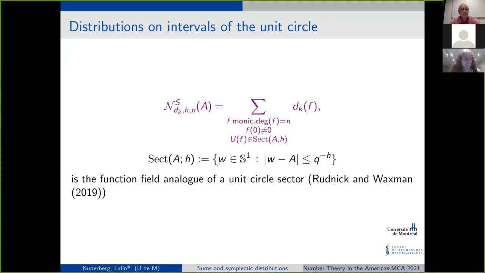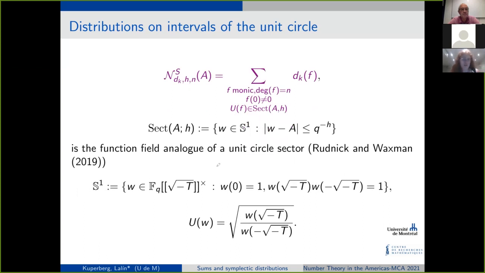The idea is that you can define an analog of Gaussian numbers over function fields, and then talk about what it means to have a unit circle. And then we are going to do the sum over some sector of this unit circle.